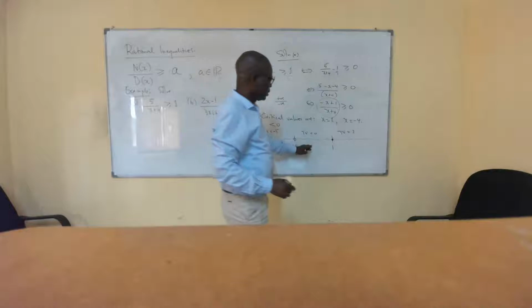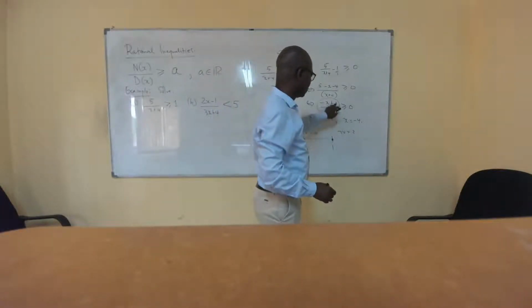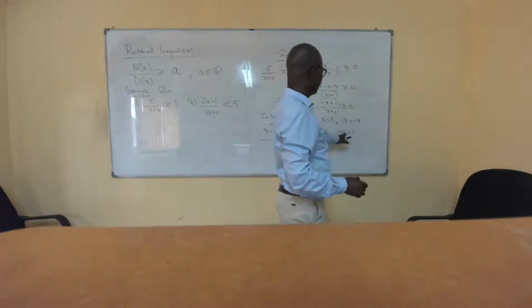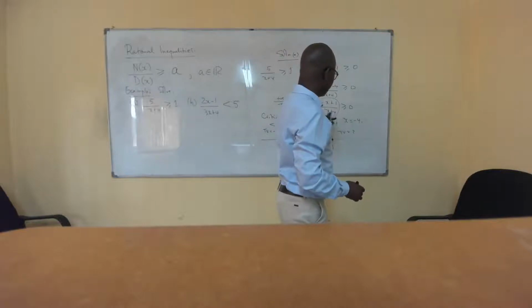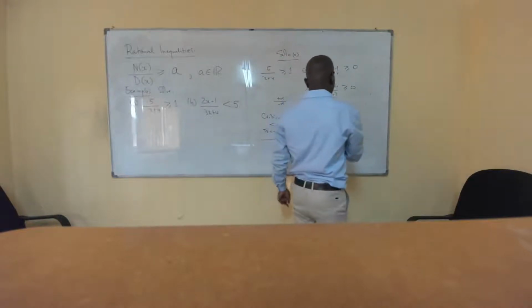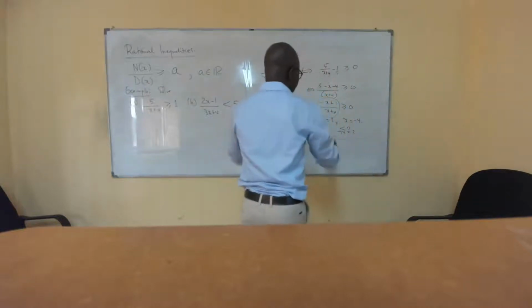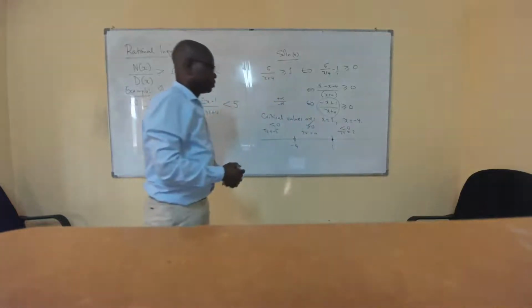If you pick 0 here, it is positive over positive, so it is greater than 0. If you pick 2 here, you have a negative numerator and a positive denominator, so the quotient is less than 0. So we are interested in where we have greater than, which is just the region in the middle.